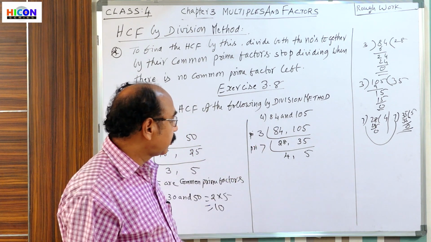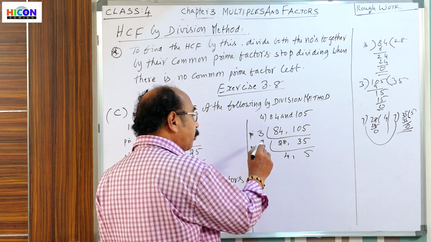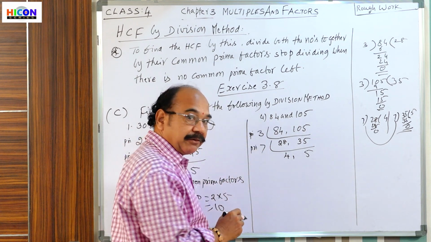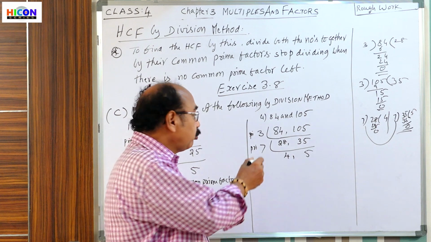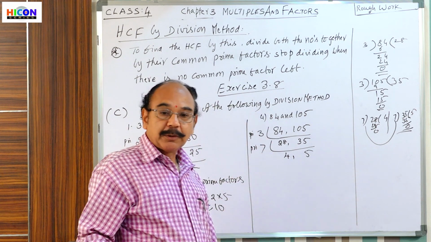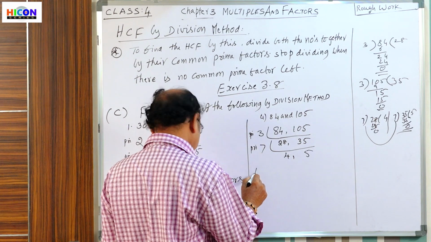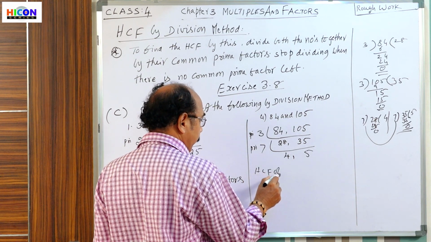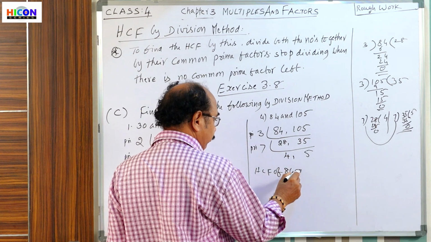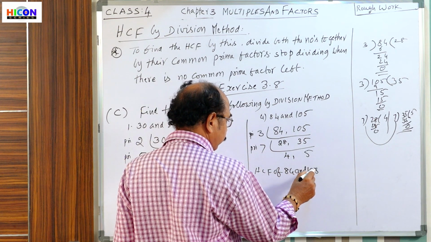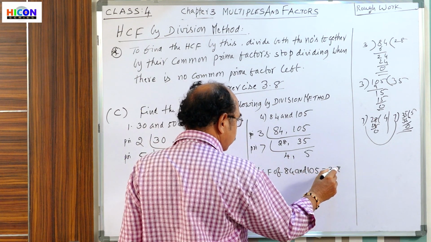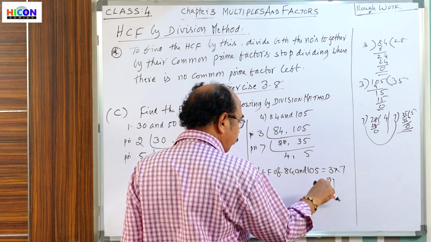So stop here. What are the common prime factors? 3 and 7. Take the two common prime factors and multiply them, then you can get the HCF. Therefore, HCF of 84 and 105 is equal to 3 into 7. 3 sevens are 21.